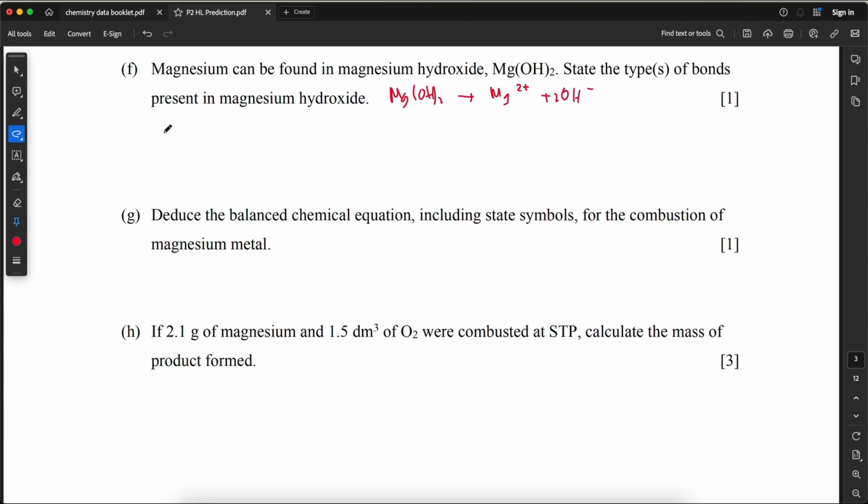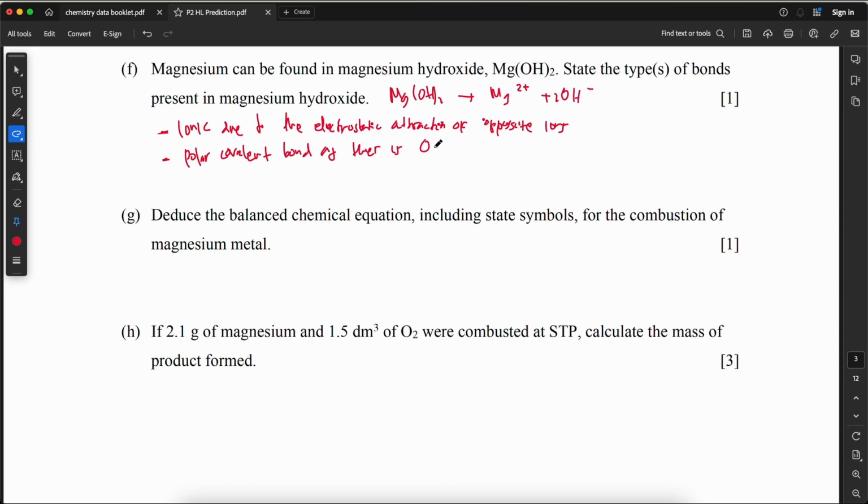So the type of bond present in magnesium hydroxide is ionic, due to the electrostatic attraction of opposite ions, Mg2+ and OH minus. And it also has a polar covalent bond, as there is an O-H bond present.